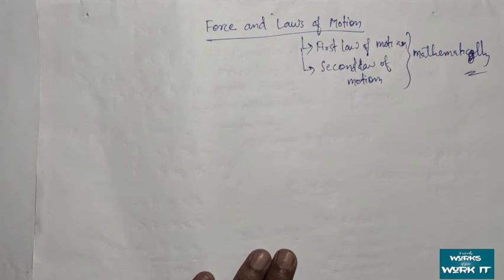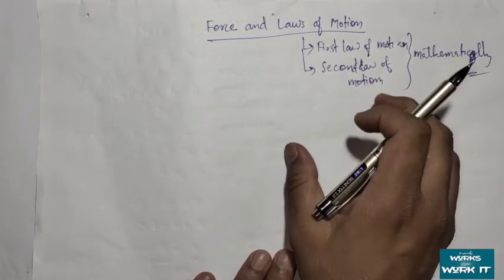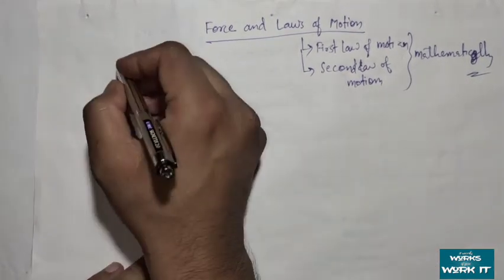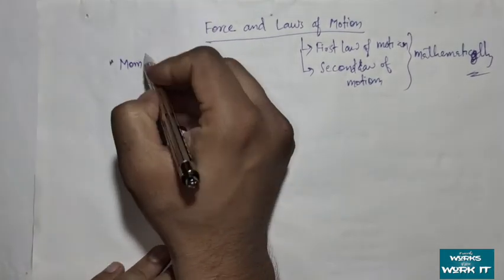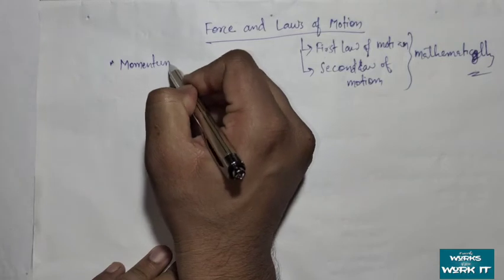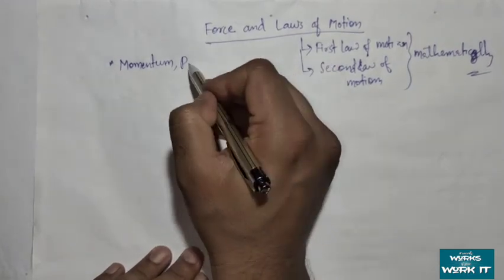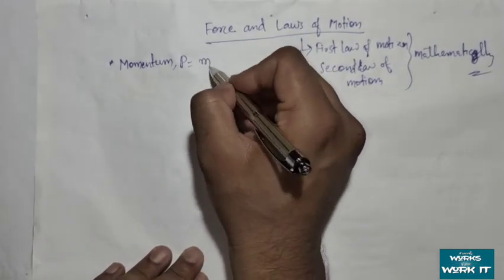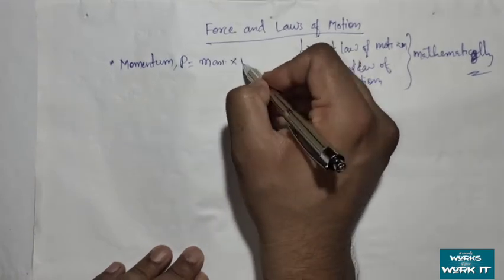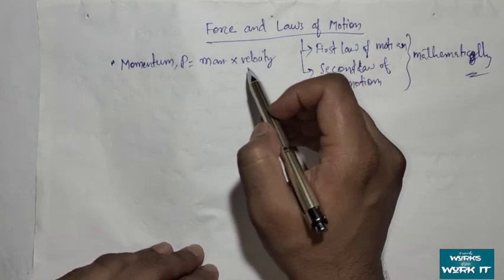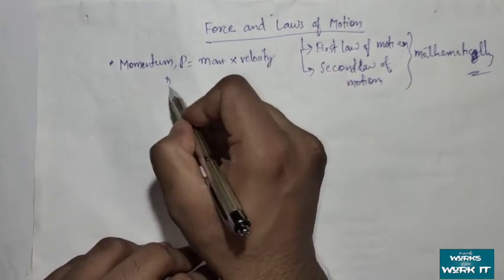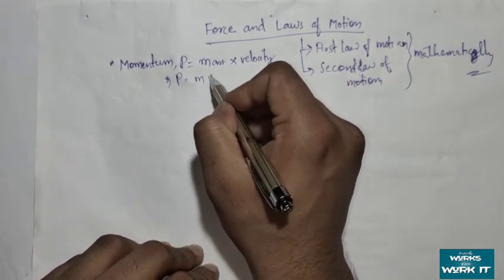Okay. So before deriving this, we need to know some of the components, that is momentum. That is symbolized as P, and its formula is mass into velocity, the final velocity. That is P equal to mv.